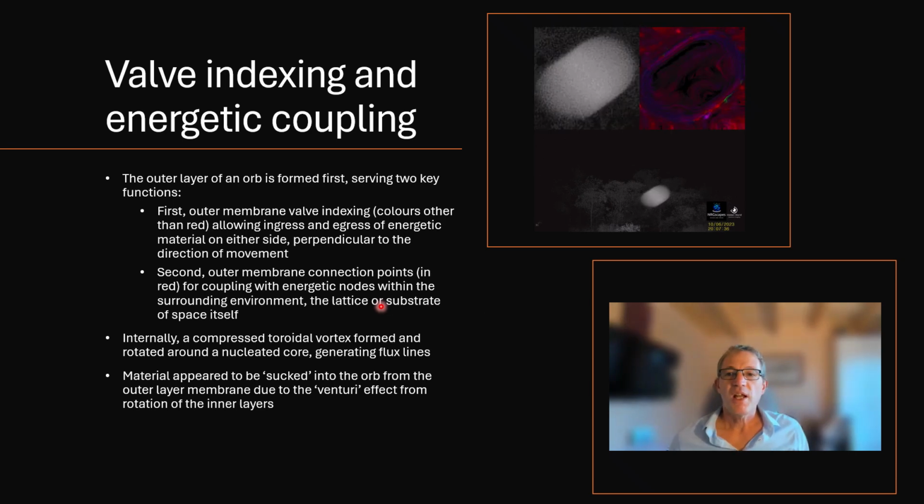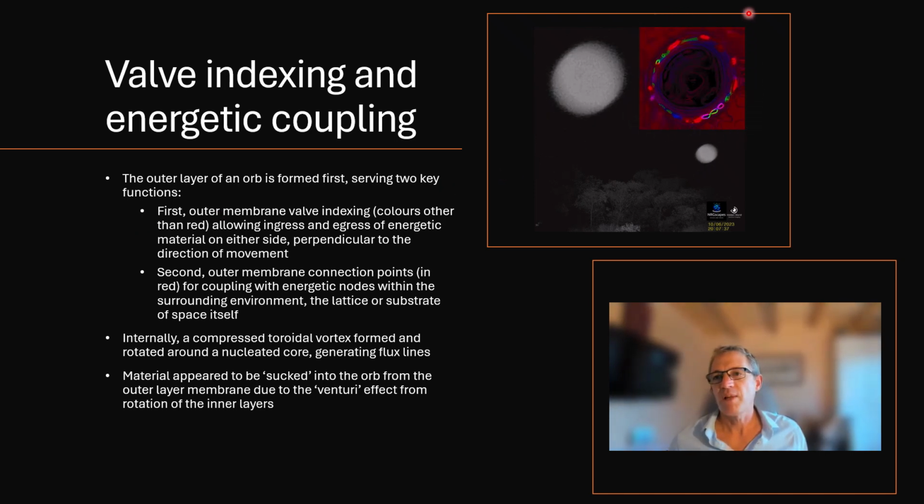Now, just pointing out here some more detail about valve indexing and energetic coupling, because what we've got up here is quantum imaging and stacked frame analysis using Doppler, redshift and blueshift to highlight what's going on as the orb forms, both internally and in particular on the outer layer.